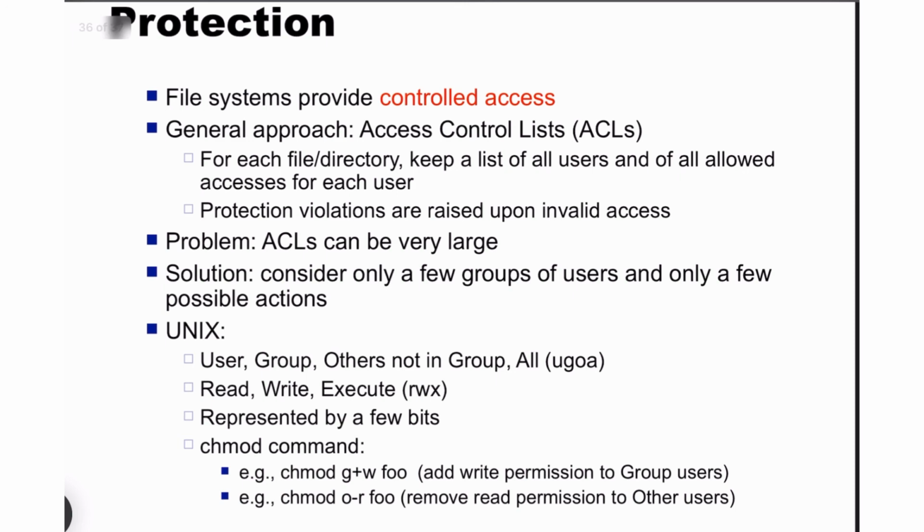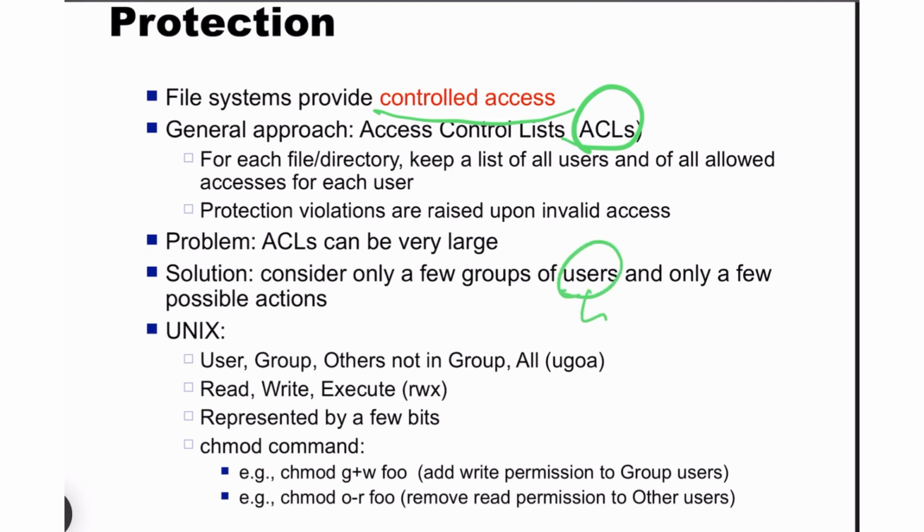So, protection: files provide controlled access. The general approach is the access control list or ACLs. Each file or directory keeps a list of users and the allowed access for each user. So that is what you call protection. Problem: ACLs can be very large. The solution is to consider only a few groups of users and only a few possible actions.